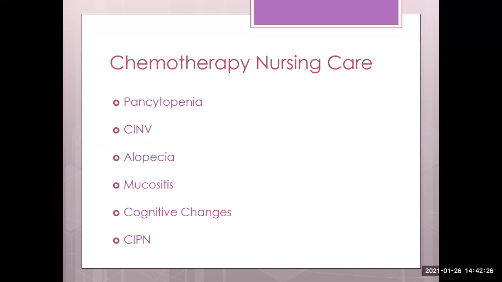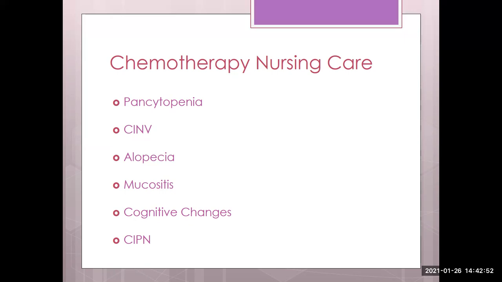So a normal, there is a chart in your textbook that has normal values on it. I will add it to the notes section of this slide so that you know exactly where to find them within the textbook.